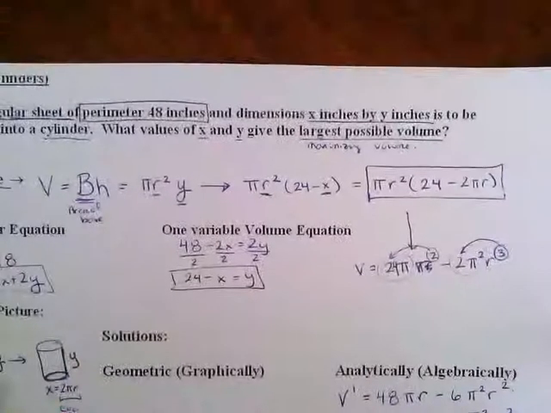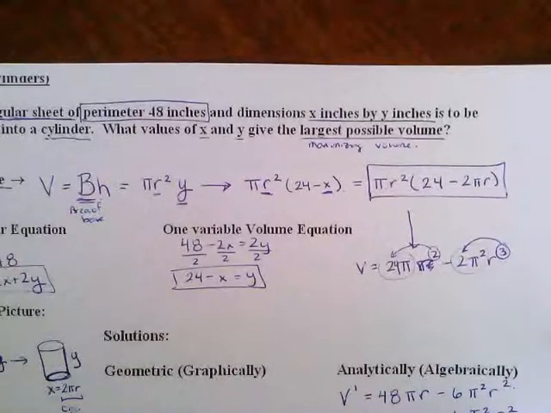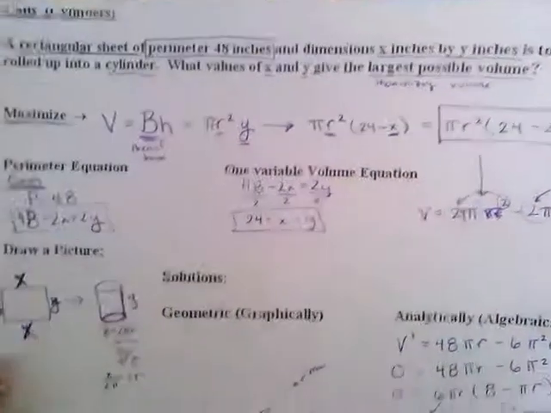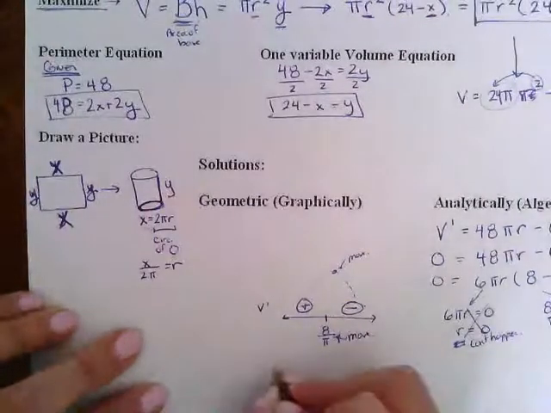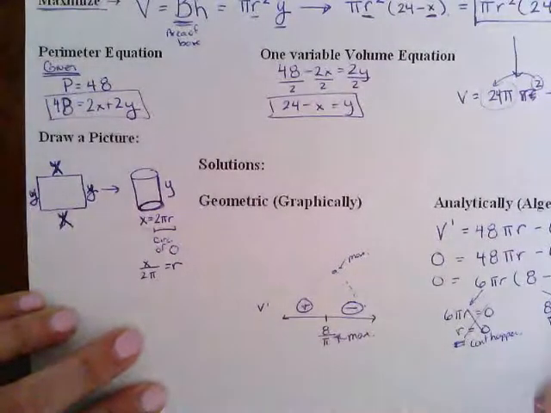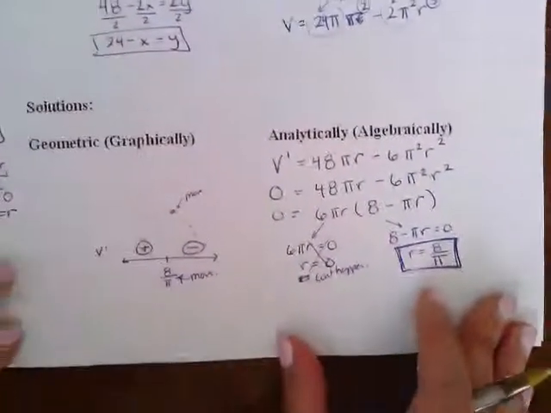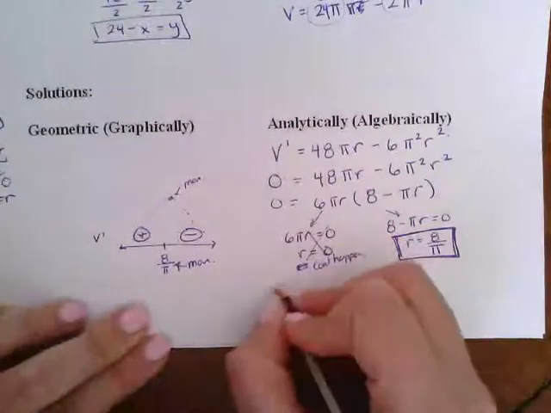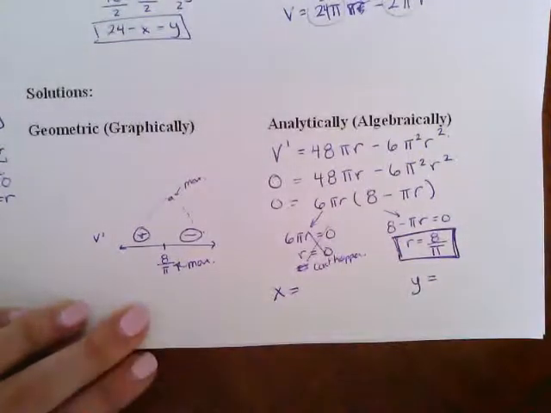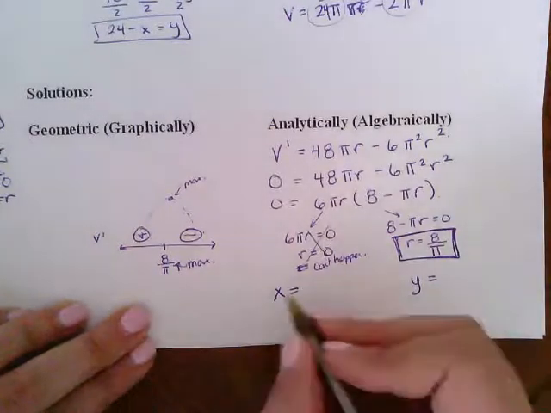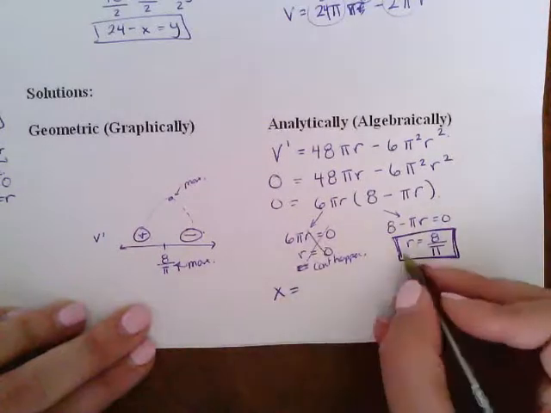But the question asks what values of x and y give the largest possible volume. So if I know that r is 8 over pi, can I use that to see what x is and what y is? Do I have an equation that compares x and r?